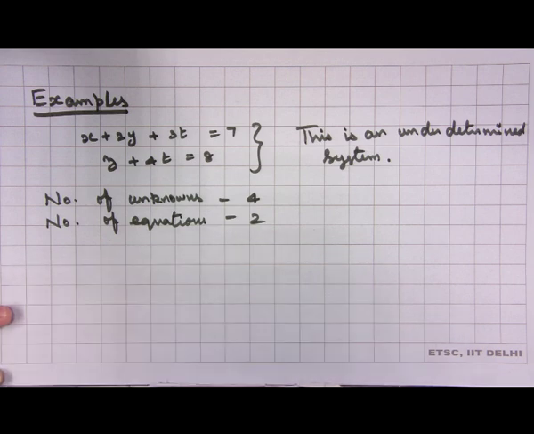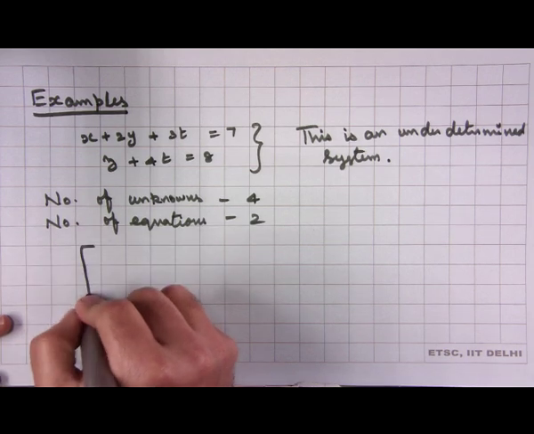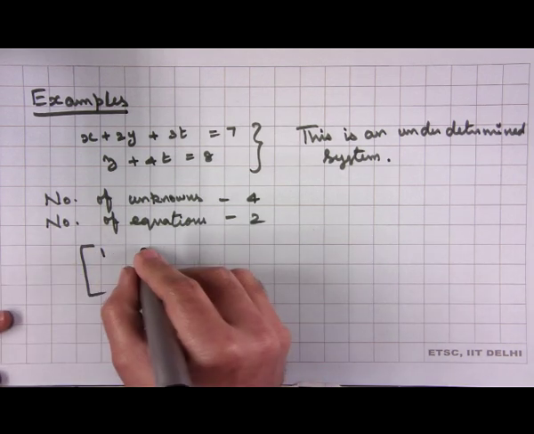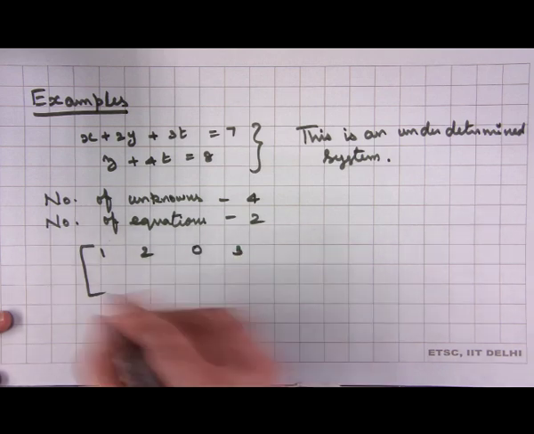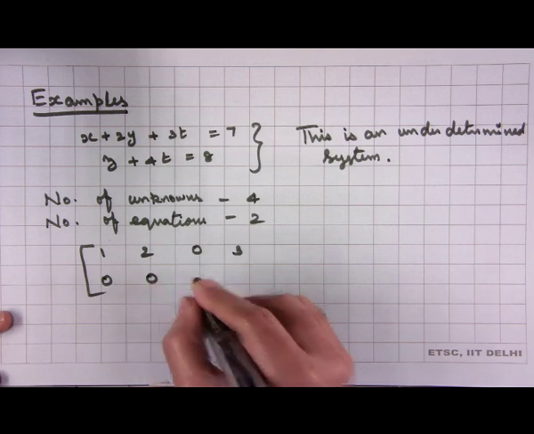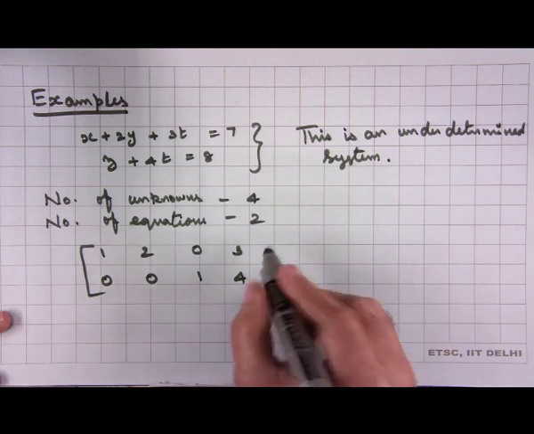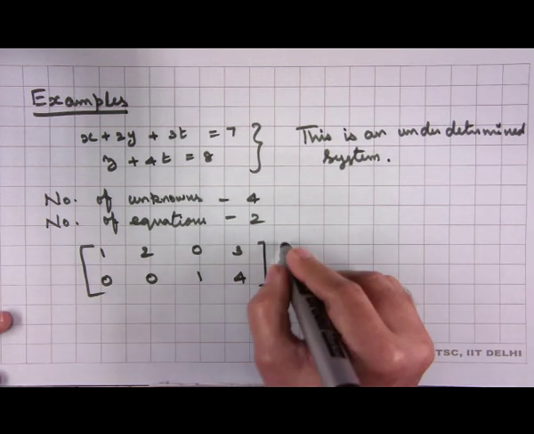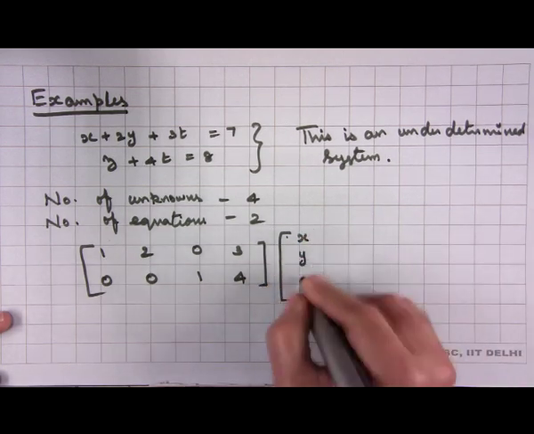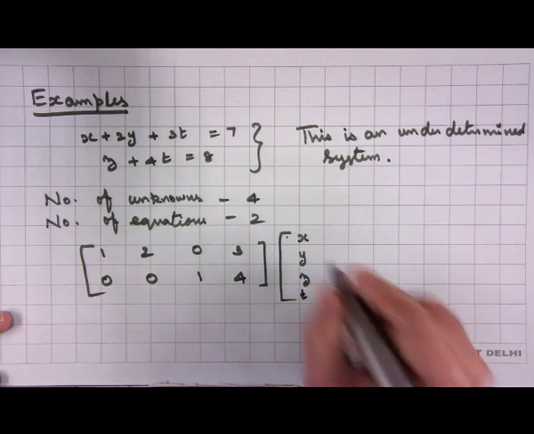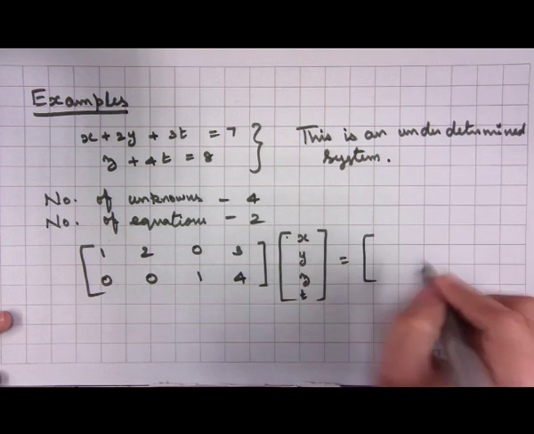Before that, let us as usual write down the matrix form of this: 1 2 0 3, 0 0 1 4, applied to x y z t, equal to 7 and 8.